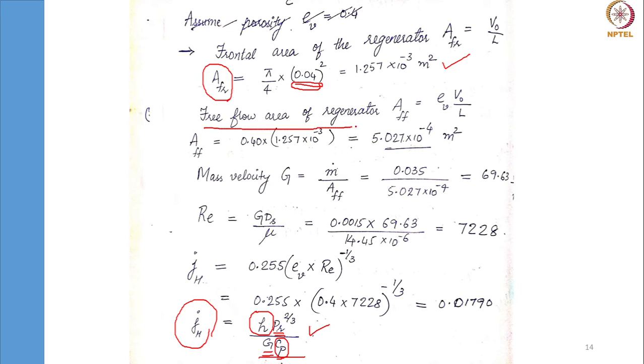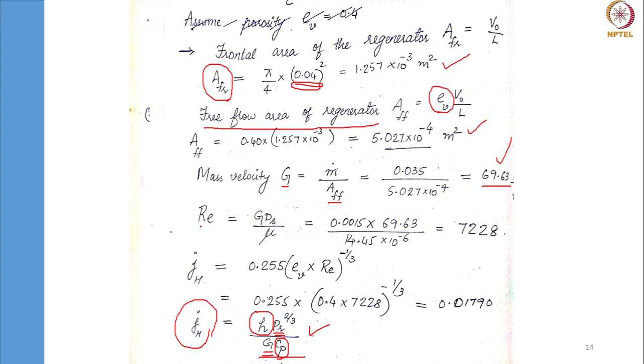The free flow area of the regenerator is calculated as porosity multiplied with frontal area. Then we find the mass flux, or mass velocity, as m dot by the free flow cross sectional area. That comes out to be 69.63.